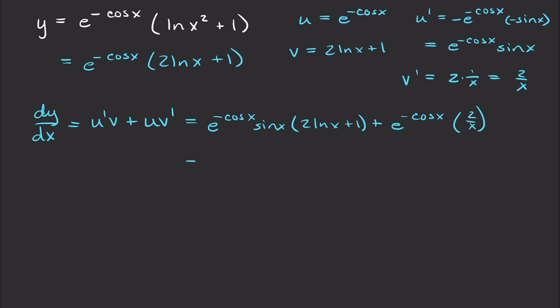And then we can just substitute just a bit. Both of these have an e to the minus cosine x. Then we have sin x times 2. Actually, I'm going to go ahead and bring this in. Natural log of x squared. So now I'm going to go the other way and bring the number out front in as an exponent to the argument of the natural log, plus 1, and then plus 2 over x.